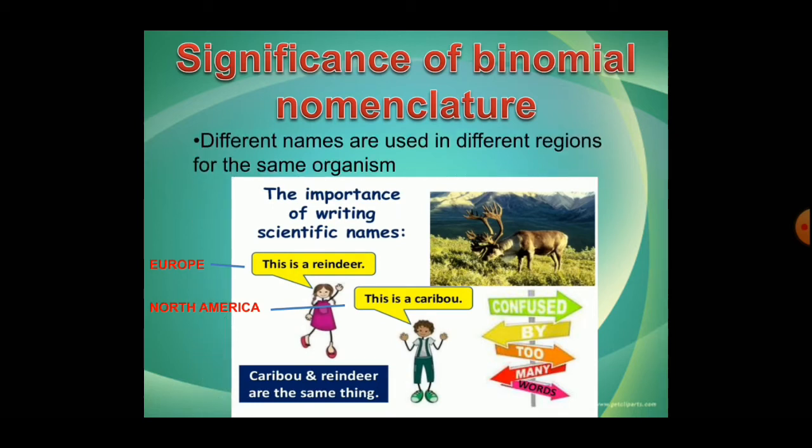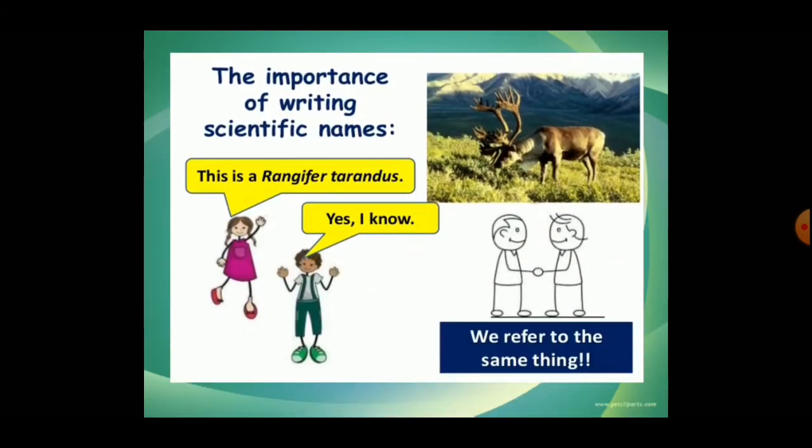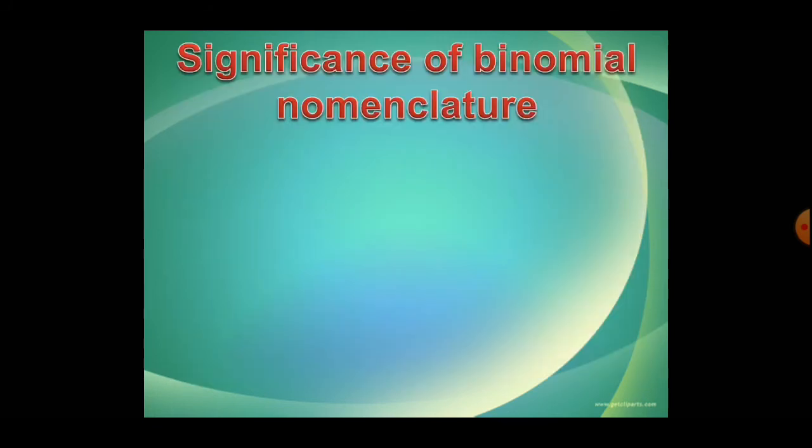So, different names are used in different regions for the same organism. The scientific name of reindeer or caribou is Rangifer tarandus, which means these two children were talking about the same animal. So, to overcome such problems, scientific names are allotted to species.